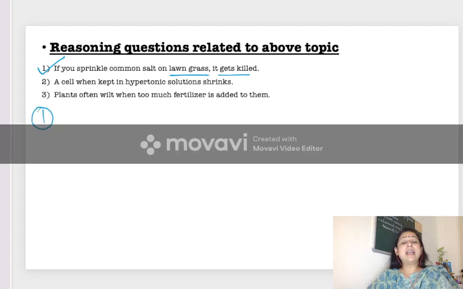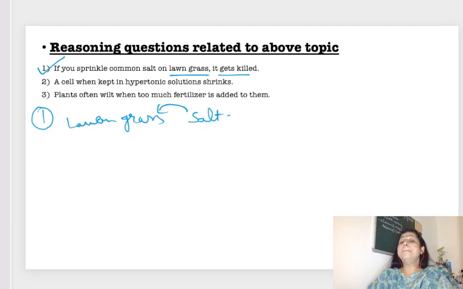Suppose we have lawn grass here, and over this lawn grass I put salt. What will this salt do? It will make the surrounding of the lawn grass hypertonic, because there was water there, and now we have added salt.